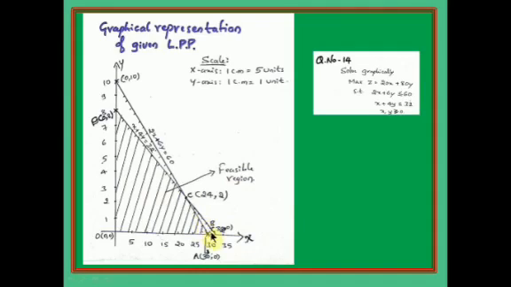This is not considered in the feasible region because, if you observe keenly, for this particular line it is less than or equal to, but for this other line, it is not less than or equal to.